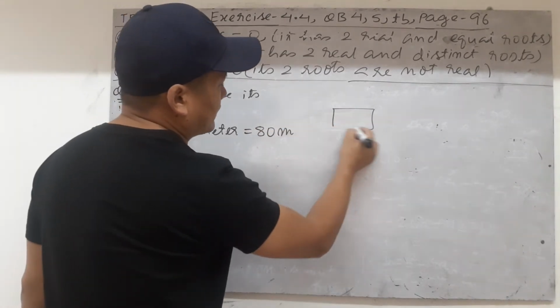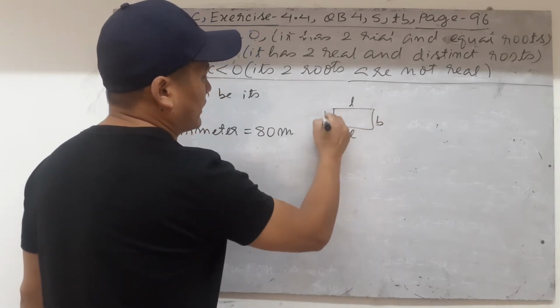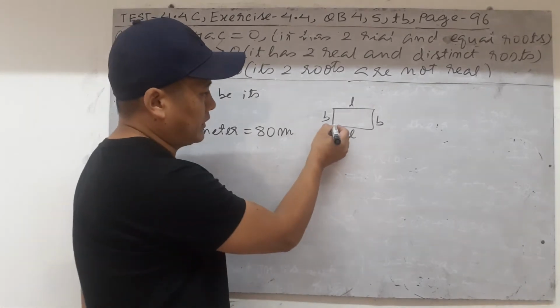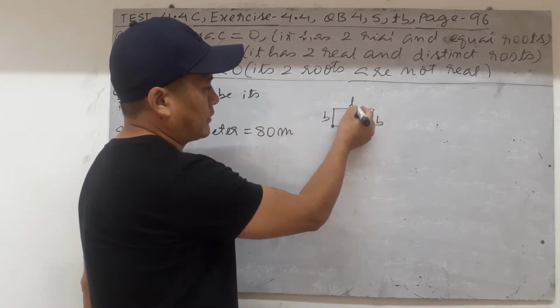Now perimeter means, we know this is length, breadth, these two are equal, so length, these two are equal, so breadth. Perimeter means the distance covered in going one time around the boundary. So let us say the person starts from here, goes here, goes here.